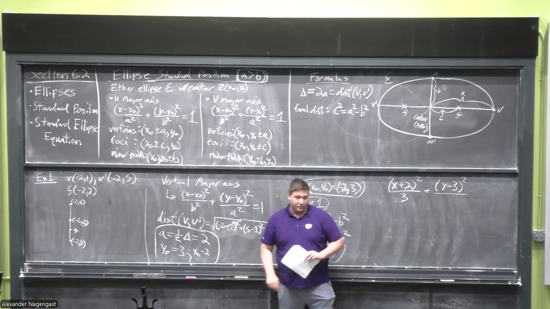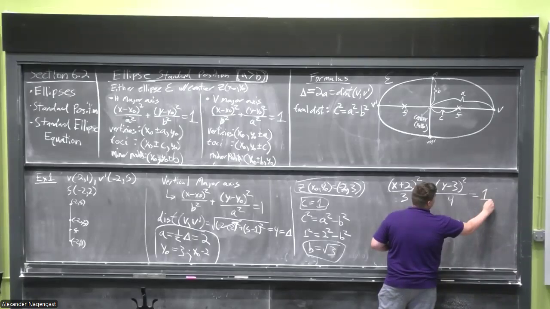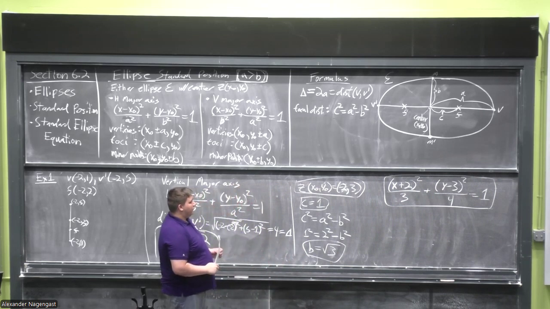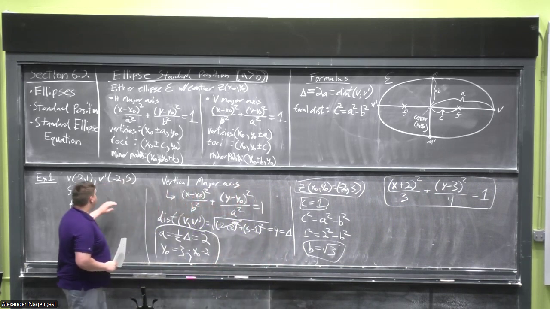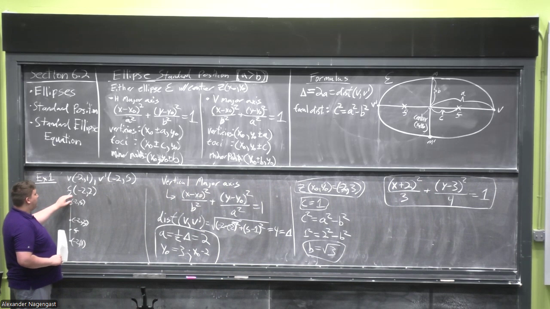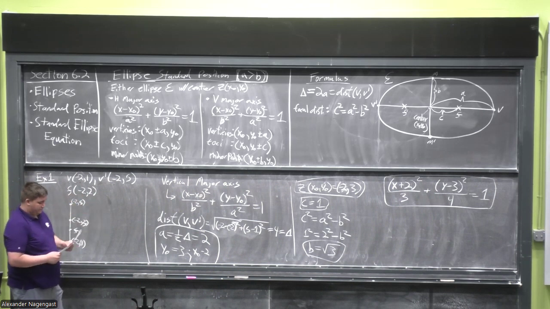A is 2, 2 squared is 4. It's equal to 1. And there is our standard equation for the ellipse that has vertices at -2, 1 and -2, 5, and a focus at -2, 2.